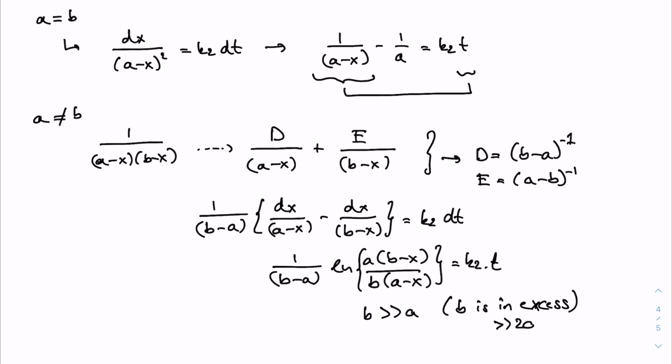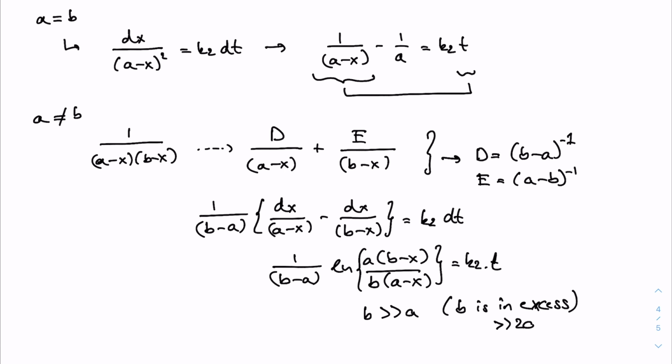Since X can never be larger than A, then B minus A and B minus X will become almost indistinguishable from B itself, right?